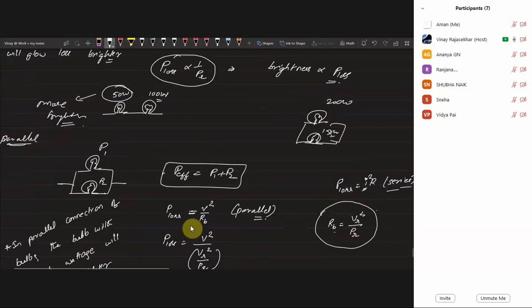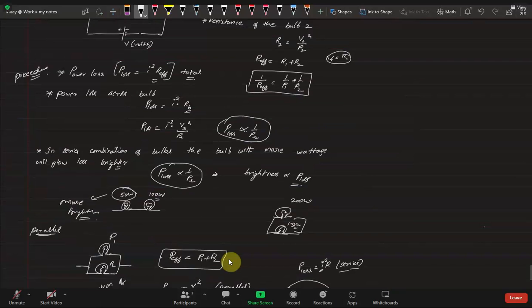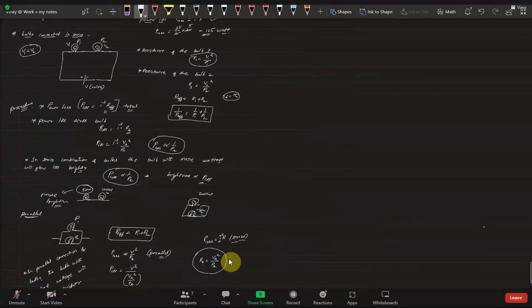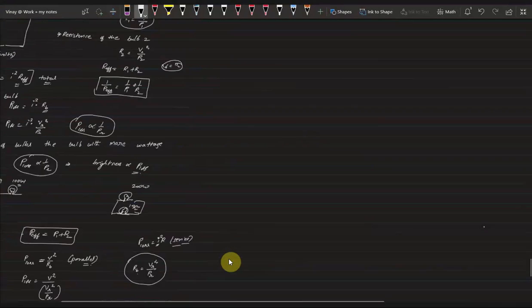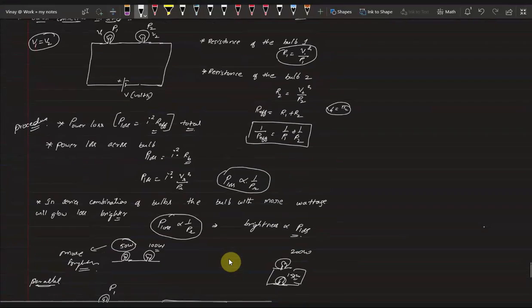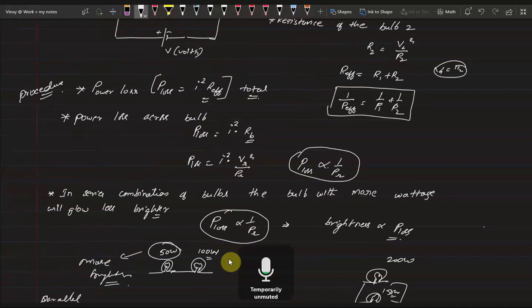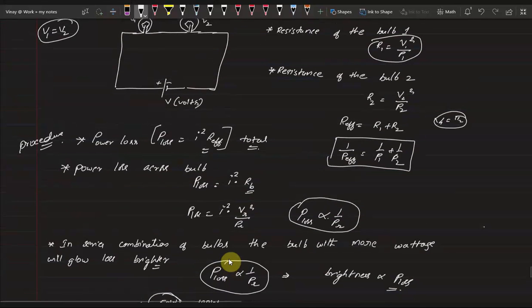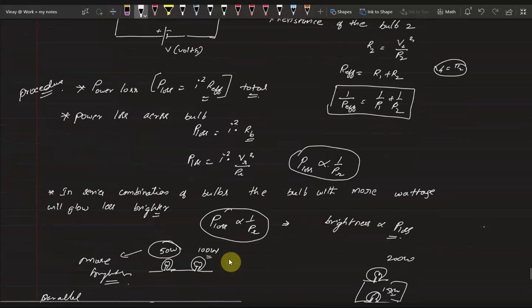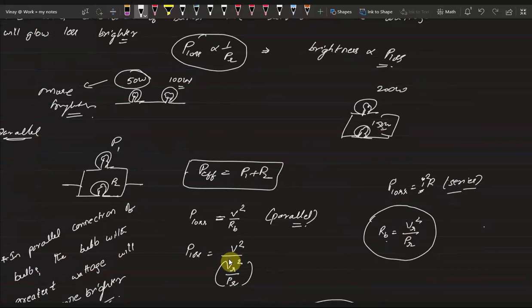Will you copy these two? Yes, you wrote the series combination. Write the parallel combination, and then you may leave the class. Tomorrow we'll discuss the problems on bulbs.